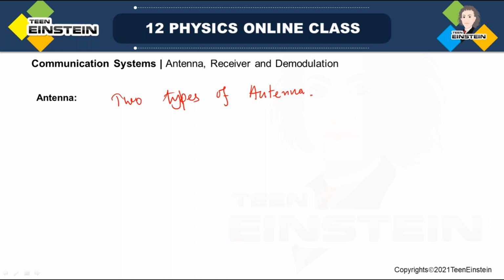What are those? One is dipole antenna. And another one is dish antenna.